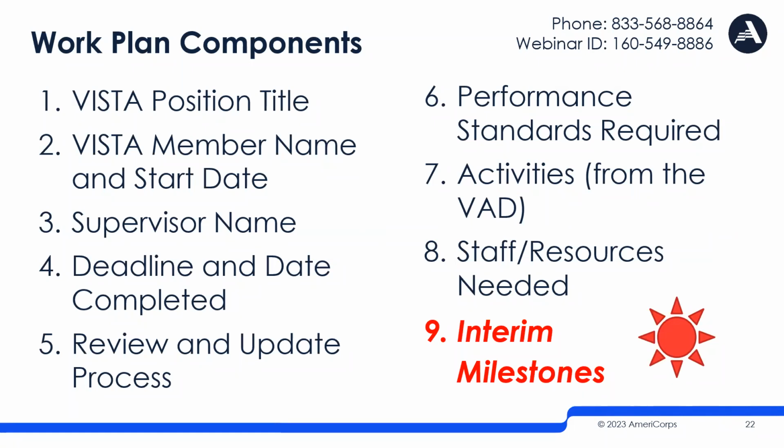So quick, another peek at this. These are the 9 components again from VISTA's point of view. We think these are the things that would be most useful to you as a VISTA member in your work plan. At this point in the process, we know our project goal for AmeriCorps, and we know some of the member activities. So we're going to jump into how does this look, in the example that we're using.